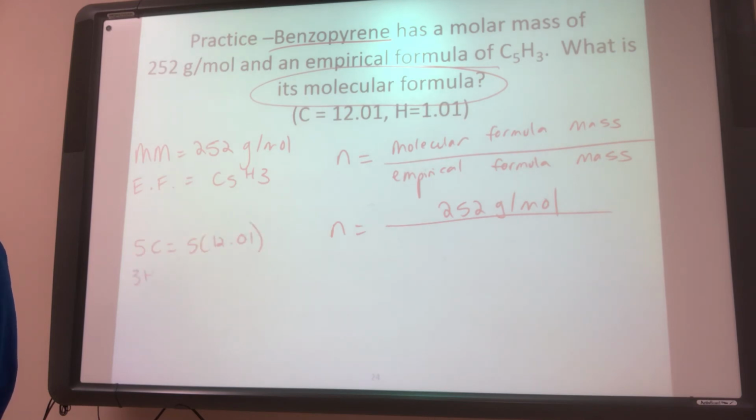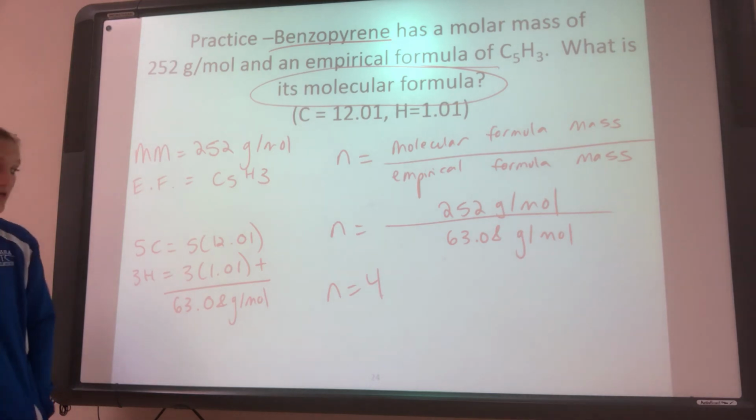I have 3 hydrogens, all of those are 1.01. My empirical formula mass is going to be 63.08 grams per mole. So I just add it up, find the mass. And plug that in. When I do 252 divided by 63, that number comes out to be 4.